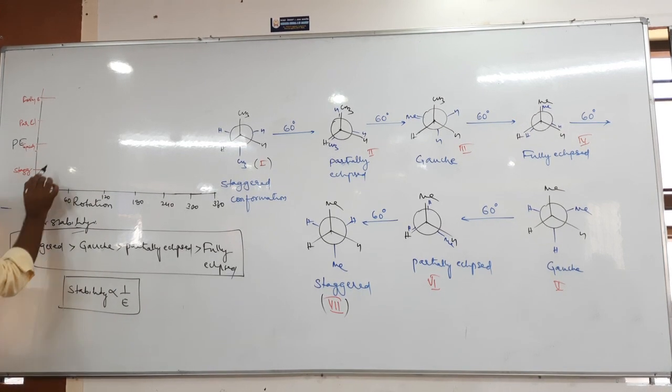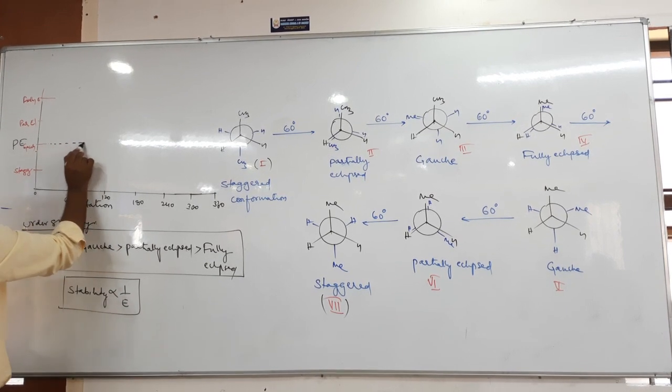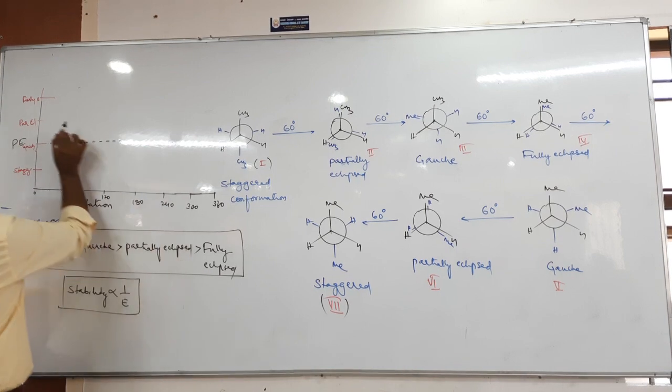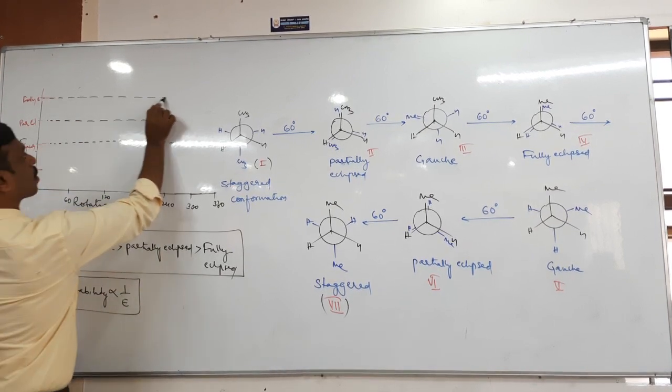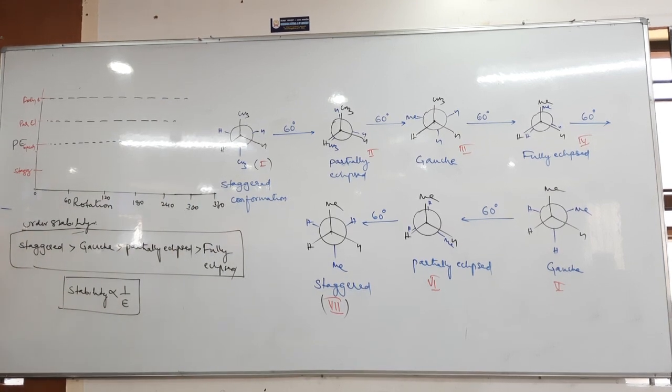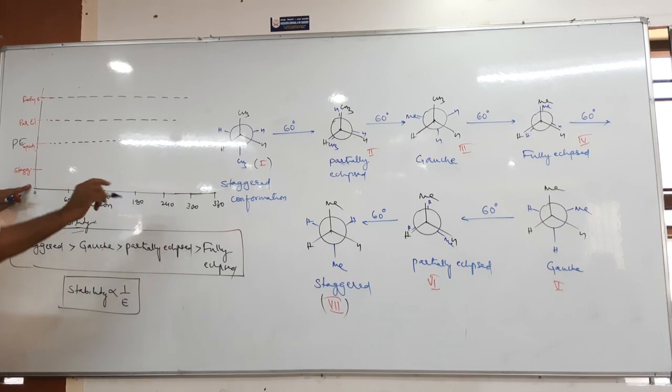Now here is the staggered conformation, and this is the energy of gauche, partially eclipsed, fully eclipsed. Initially we have taken staggered, right?